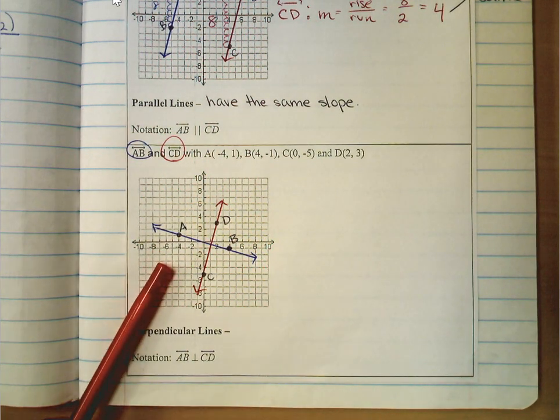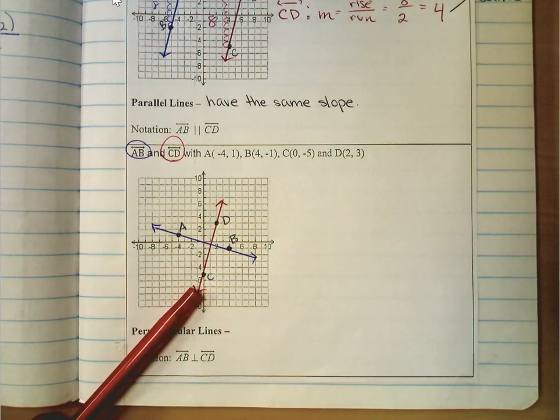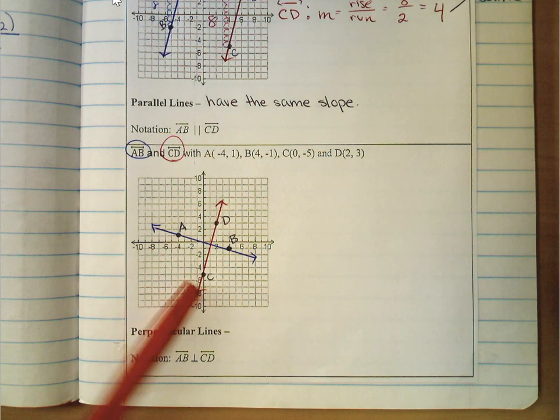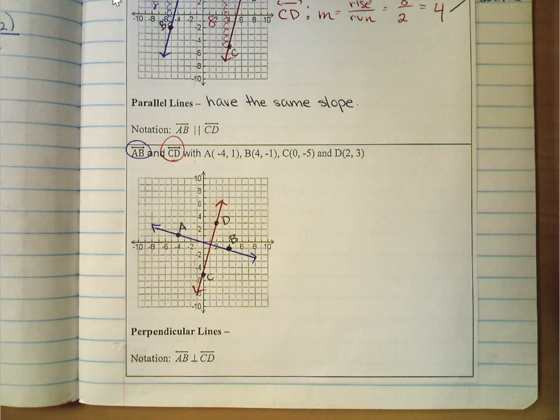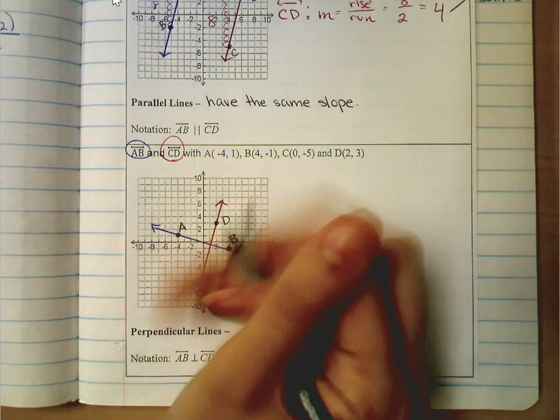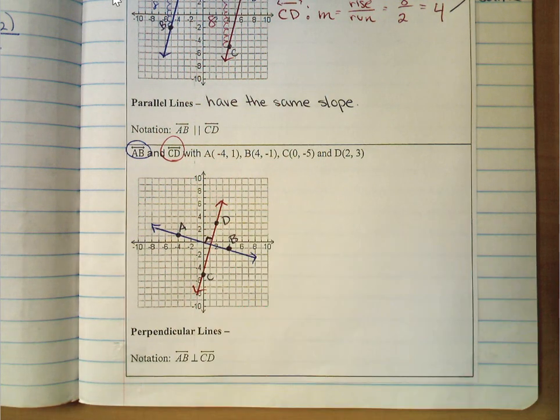This one, it's obvious that they're not parallel because they're intersecting, and I'm going to show you with their slopes that these are perpendicular lines because they intersect at 90-degree angles.